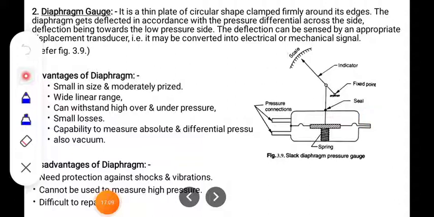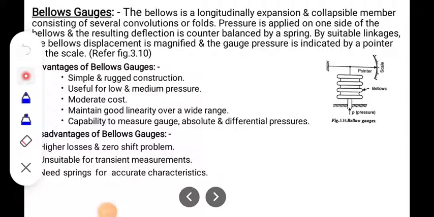Then next is the bellows gauge. In the bellows gauge, here we can see several convolutions or folds. In the experimental setup, the convolutions or folds are attached to the horizontal frame and an open end. Through the open end, the high pressure air, or air having unknown pressure, is blown into the bellows.